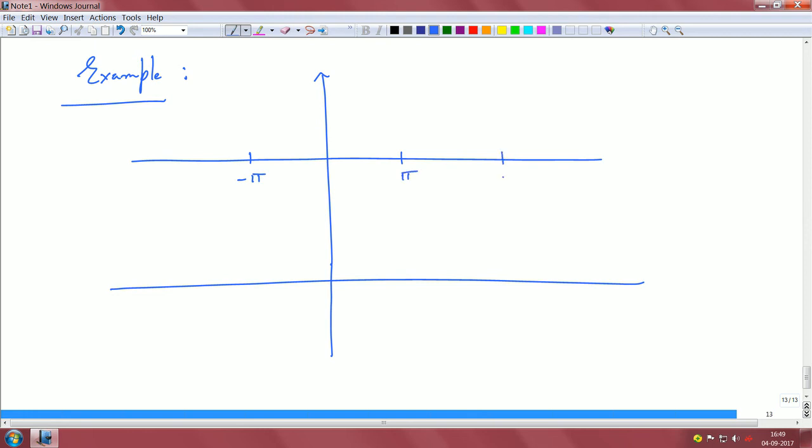Minus pi to pi, 2 pi, 3 pi, dot dot dot. So, let us suppose that we have the same spectrum we started off with, and so on, and let us say it is periodic.